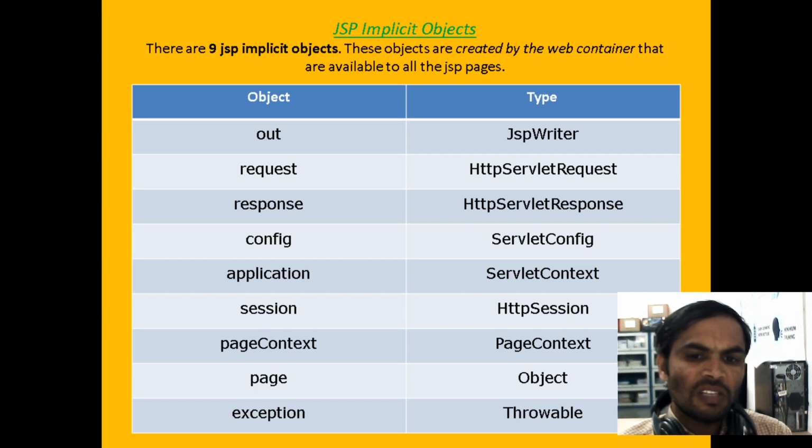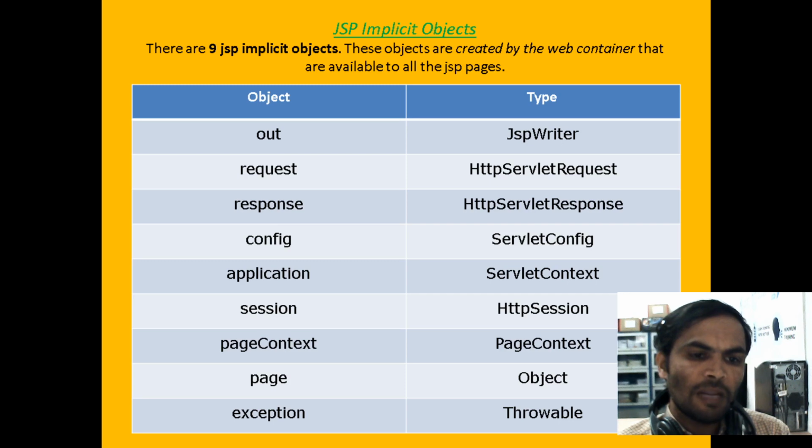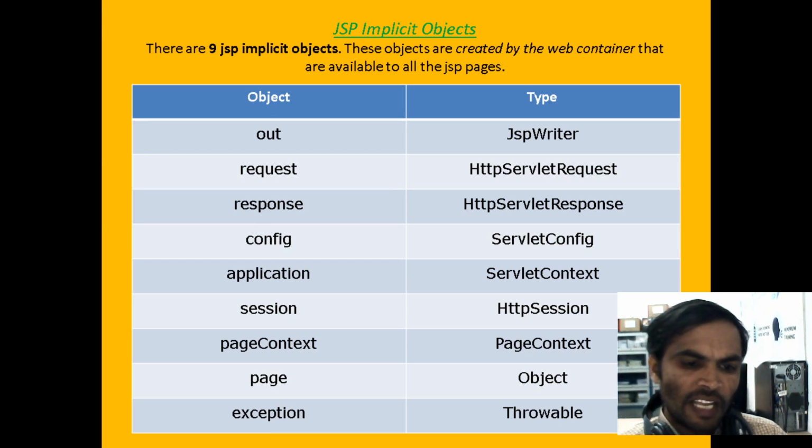Under JSP also, similar to the servlet context object, we have the application object. Coming to HttpSession, session handling is enabled by default under JSP, whereas under servlets we should enable the session. Now we have the page object and the exception.